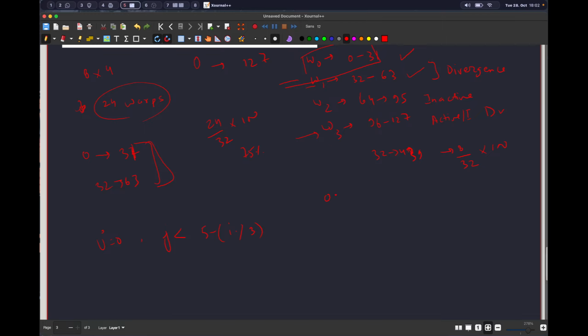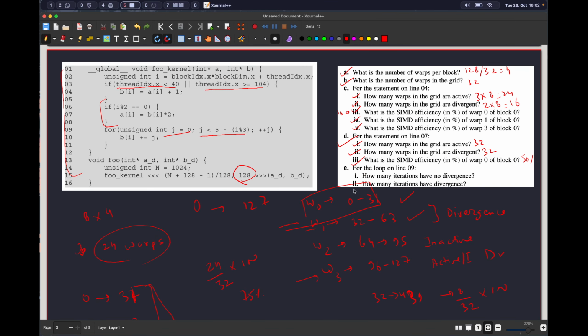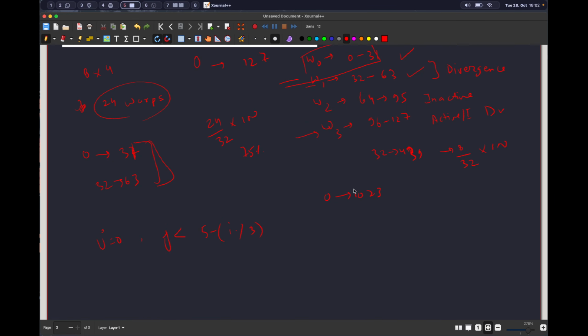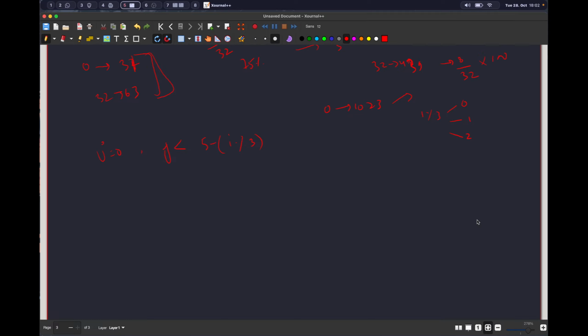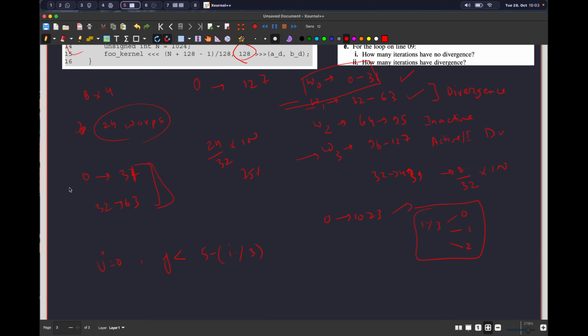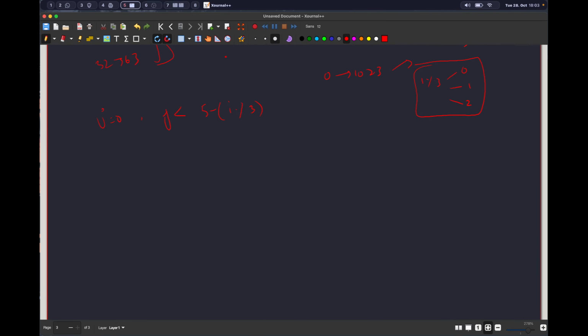Now the thread index can go from 0 to 1023. I guess there are a total of 1024 threads. So the global index can go over this range, and since we are taking the remainder when dividing by 3, i percent 3 can have 0, 1 and 2 as values. So each thread, based on the index, can have the remainder as 0, 1 or 2. So let's do it iteration by iteration. The first question is how many iterations have no divergence and how many have divergence? So basically the same questions.